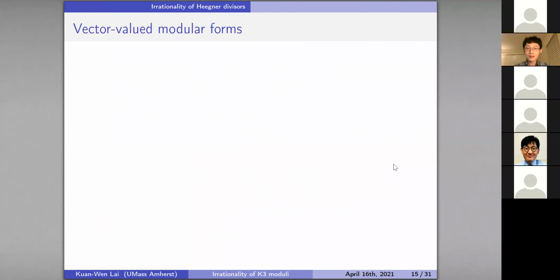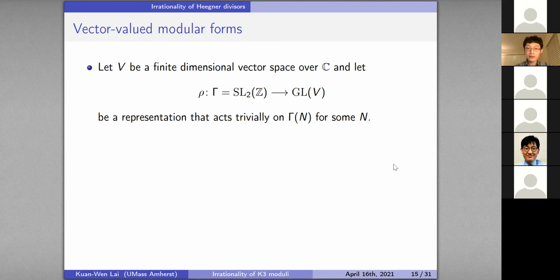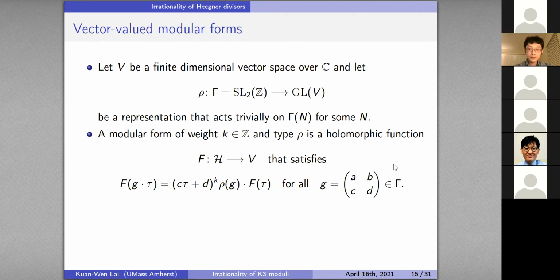But in this work, we also need vector valued modular forms. So let V be a finite dimensional vector space over C, and let's fix some representation rho of the modular group gamma on V, and suppose that it acts trivially on the congruence subgroup gamma n for some n.